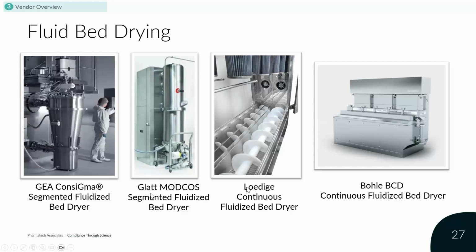The exception here is designs like from Lödige with a continuous fluid bed dryer, where you can see already on this big screw here conveying the wet granules through to the fluid bed cell, or recently a continuous fluidized bed dryer from Bohle, which is a kind of vibratory system, gently delivering the granules on an air bed through the process to dry the granules.